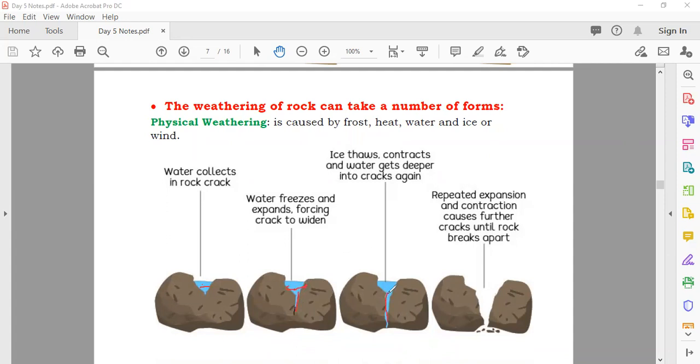In the crack, more water comes down, freezes again, and pushes again, and finally the rock breaks down. So this is known as physical weathering. The breakdown of rocks due to frost, cold, water, heat, ice, or wind is known as physical weathering.